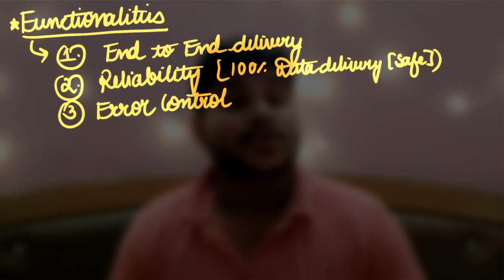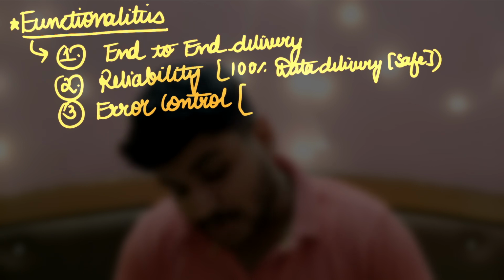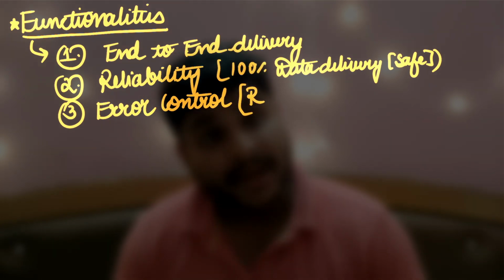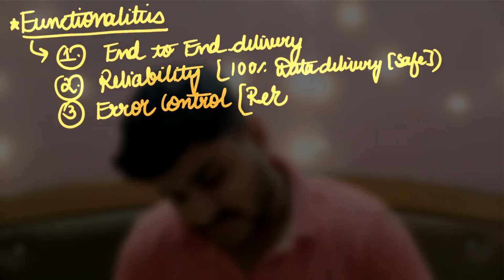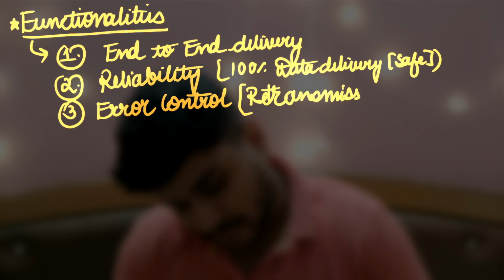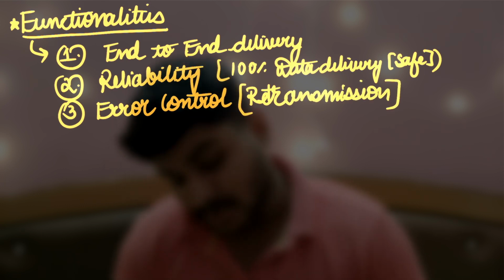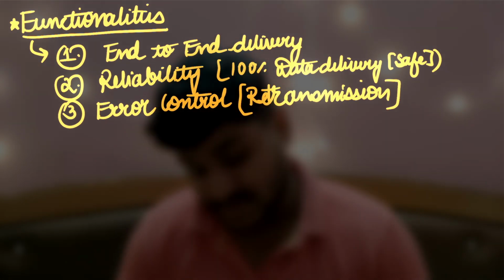Now there is a possibility that the packets that we are transmitting get dropped or lost. So what happens in that case? Retransmission of that particular segment or packet is done.